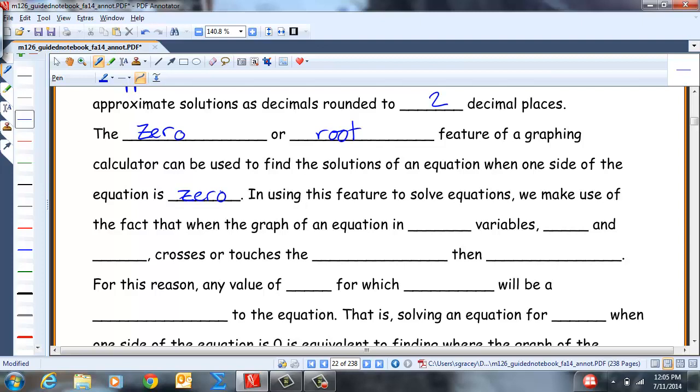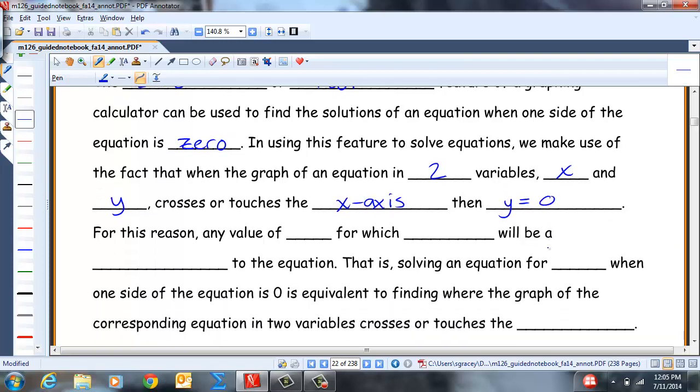And using this feature, we make use of the fact that when the graph of an equation in two variables, x and y, crosses or touches the x-axis, then your y variable is 0.